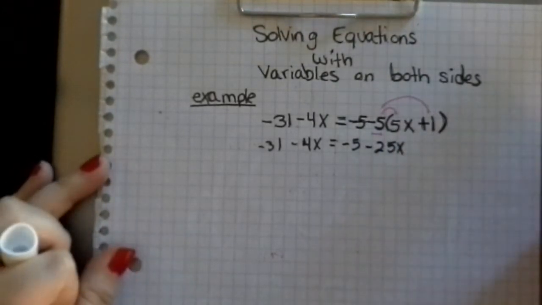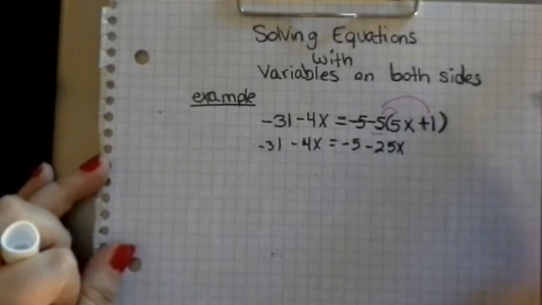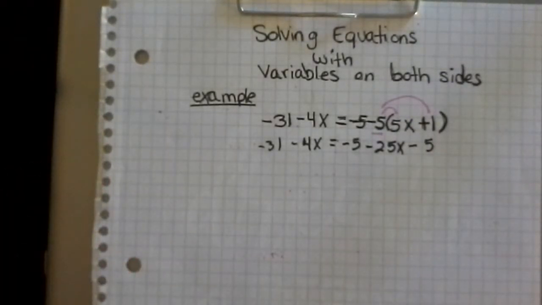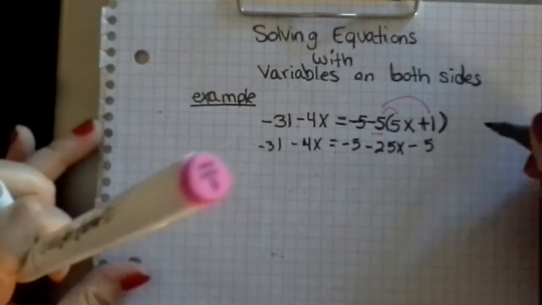A negative 5 times a positive 1 is just negative 5. Again, this was our distributive property, so I'm going to go ahead and write that down. We use the distributive property.